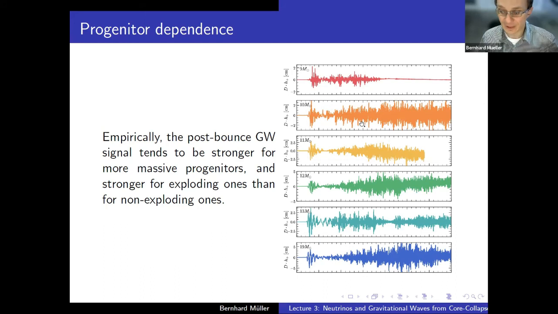So as a rule, more massive progenitors tend to have stronger gravitational wave emission, and exploding stars tend to have stronger gravitational wave signals than non-exploding ones. Of course, you might have a massive star that doesn't explode, and it'll fit into this scheme accordingly.